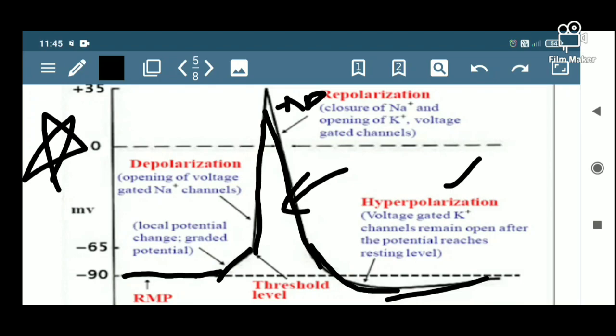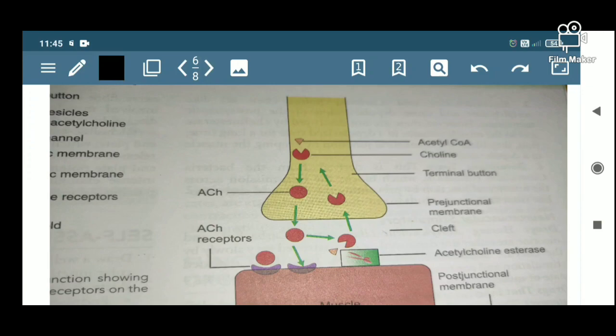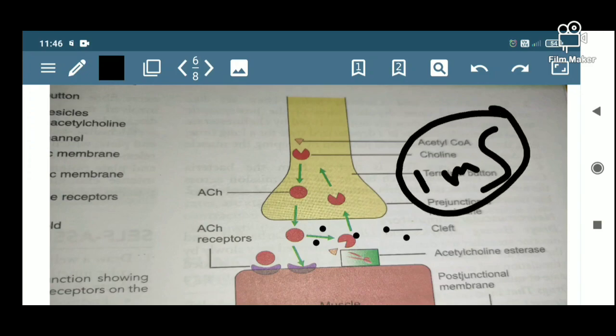Let's go into the fourth event, that is the removal of acetylcholine by cholinesterase. How does the acetylcholine present in the synaptic cleft get removed? Actually, the acetylcholine released in the synaptic cleft stays for a very short period and is removed within 1 millisecond, in two ways.